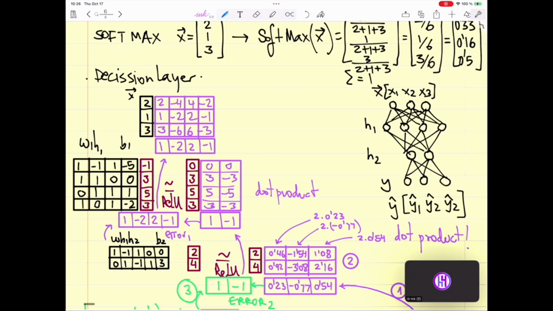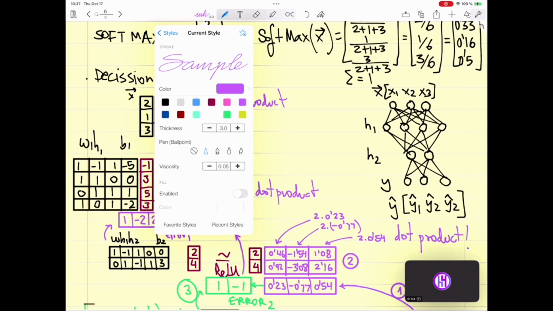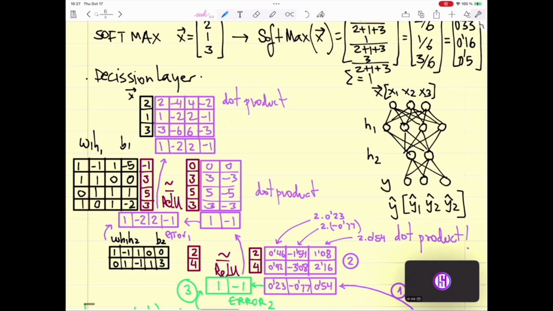Okay, this is again a dot product. And guess what? This is the new weight matrix H1 updated, and this is the new bias updated.